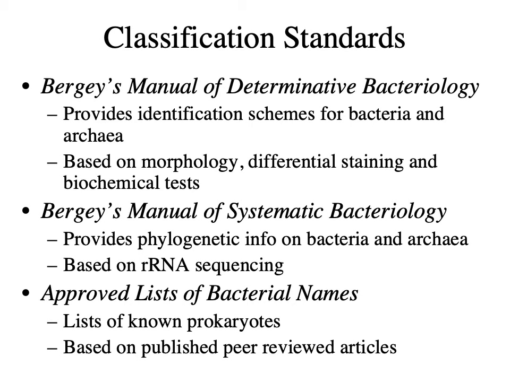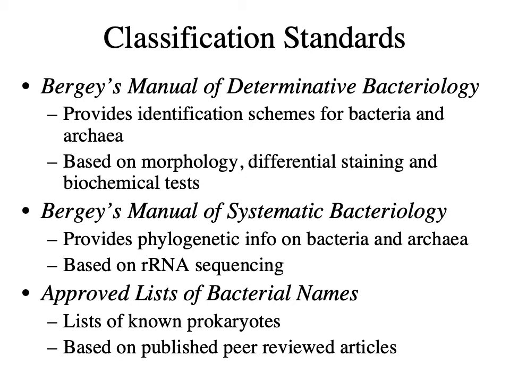They did not have the technology to look at the genetics of these bacteria. But as technology has progressed, so has the manual. Now they have Bergey's Manual of Systematic Bacteriology, and they use RNA sequencing in addition to all of these different tests to identify bacteria and archaea.